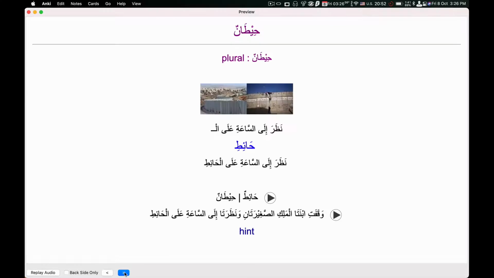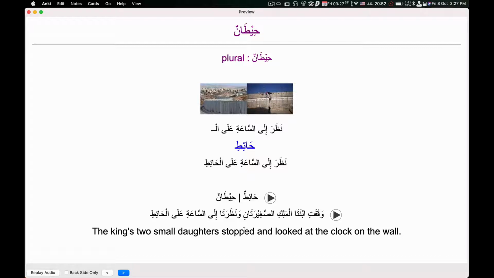Next, it will show you the word hitanu, which is the plural of wall, and in this case, the color I've used for this particular word is purple. Basically, I'm not trying to create a sentence from it. I'm just trying to imagine what this word means in concrete terms.